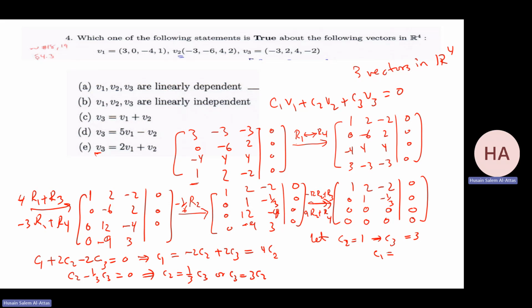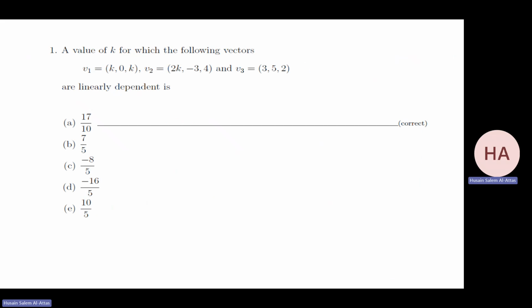So I have 6 C2 minus 2, that will be 4 C2. And C1 will be 4. So they are linearly dependent. And for sure none of these, because this is 1 over 3. If I'm making it equal to 1, I'm getting 1 over 3, so I have a fraction here. Okay, so this will be the correct one.